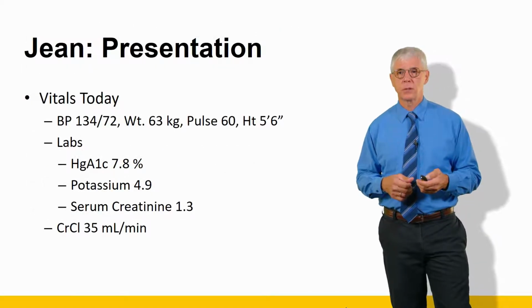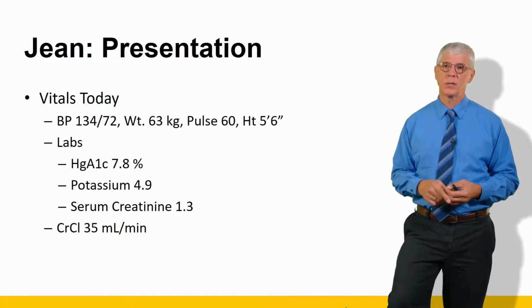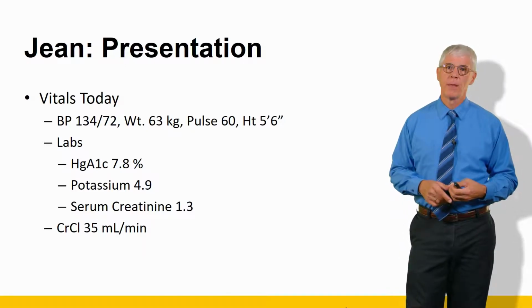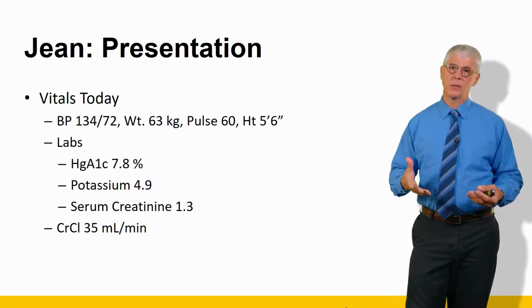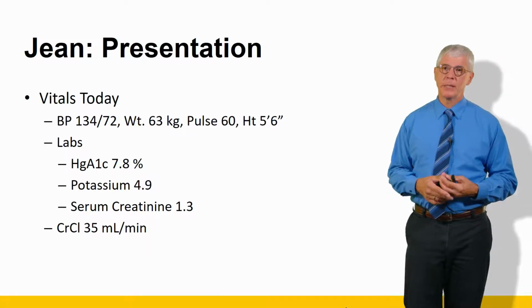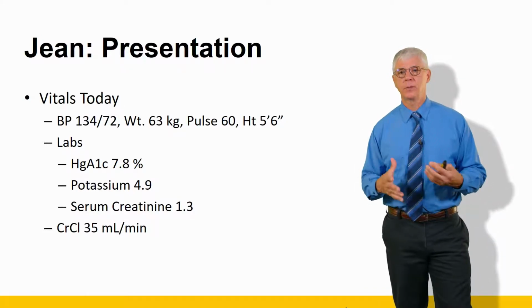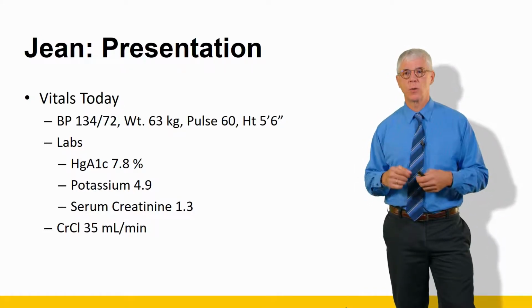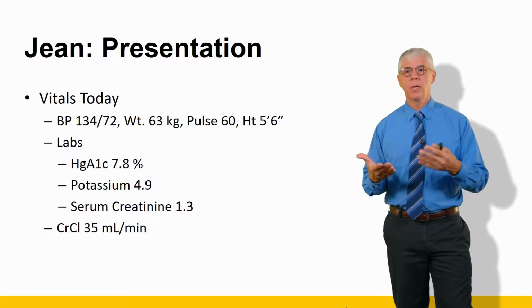So her list, let's look at the vitals first, I guess. So here's her vitals. Her blood pressure is pretty good today. It's 134/72. Pulse is hanging in there. A1C is 7.8, which, depending upon which guidelines you're using and her age, you might think, well, maybe we could do a little bit better there, or maybe that's okay. Serum creatinine, 1.3.